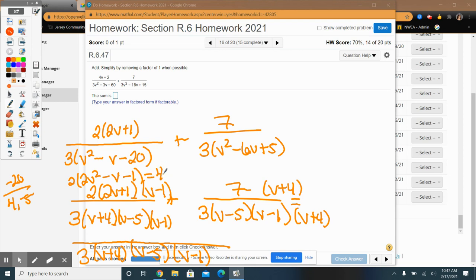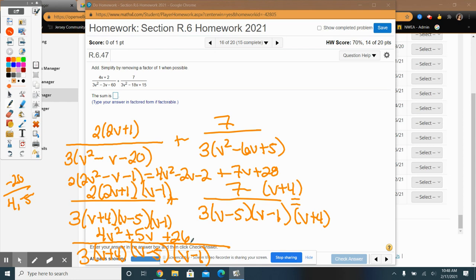So that's 4v squared minus 2v minus 2. And then this is plus 7v plus 28 if you distribute. So on the top, I'm going to get 4v squared minus 2v plus 7v. I believe that's plus 5v. Negative 2 plus 28 looks like a plus 26.